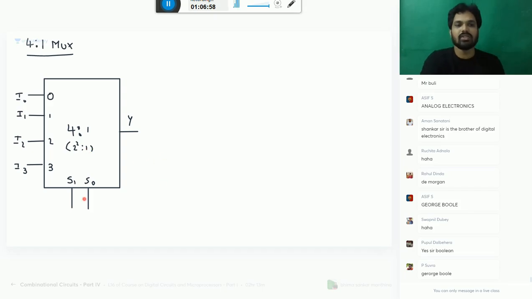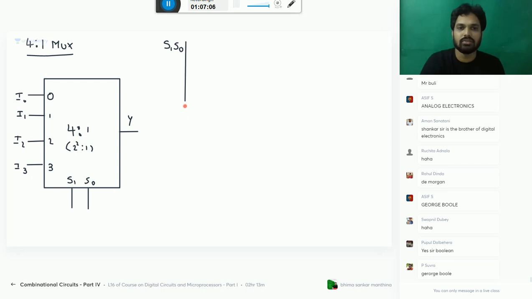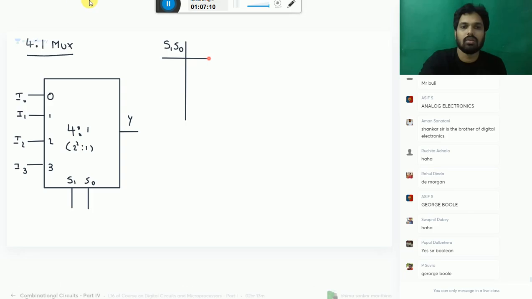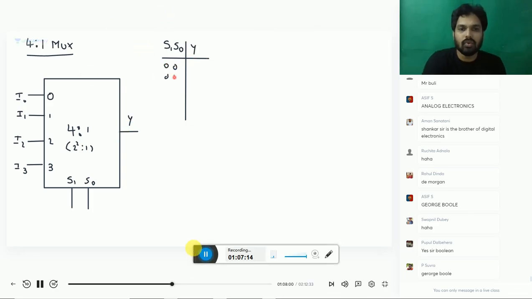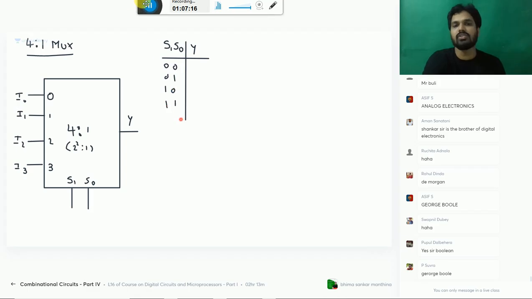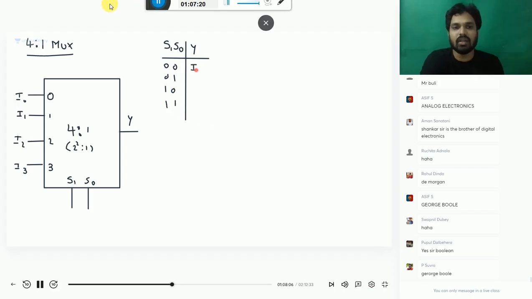So here, what is your job? Let me make the truth table. S1, S0: when S1, S0 are 0 0, 0 1, 1 0, 1 1, what is your output? Here it will select I0. Here it will select I1.